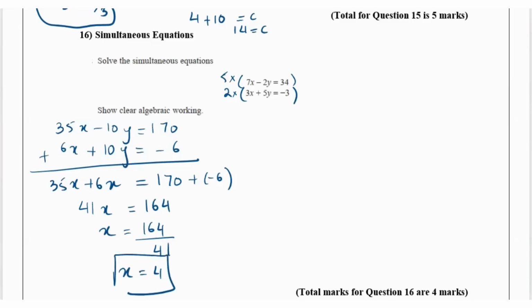Now to find the value of y, we can put x equals 4 in either of the equations. You can use the new equations or the old ones. You will get the same answer from all of them. So if I pick the second equation, 3x plus 5y equals negative 3, and put x equals 4 in it, that's 3 times 4 plus 5y equals negative 3.